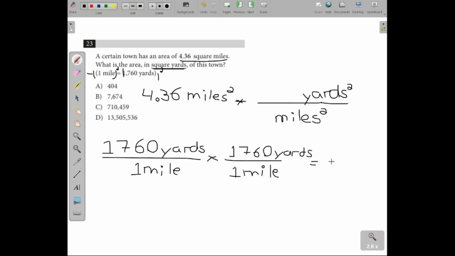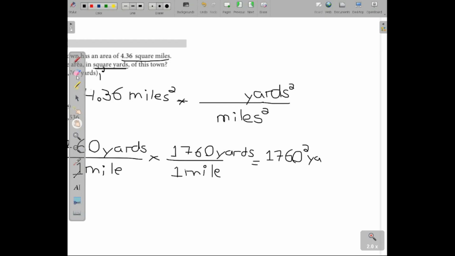And our result will be 1,760 squared times yards squared, square yards, to square miles.